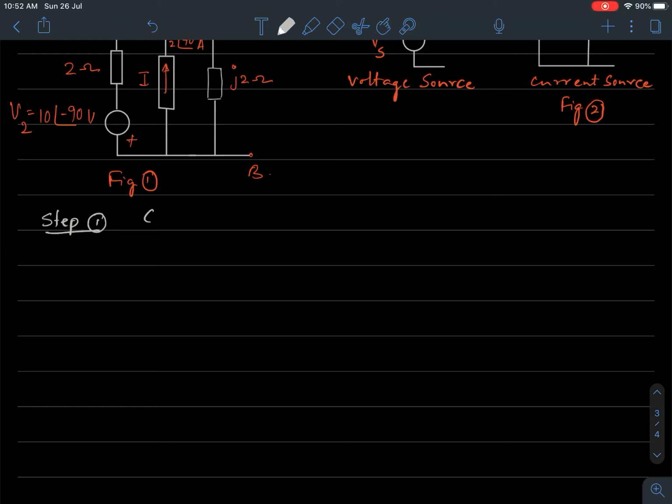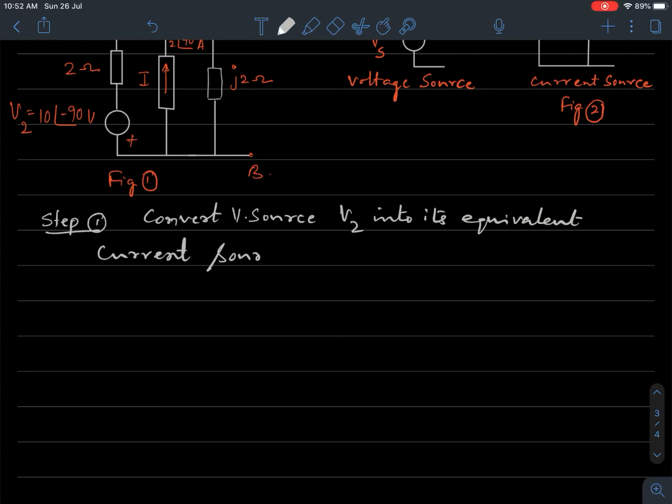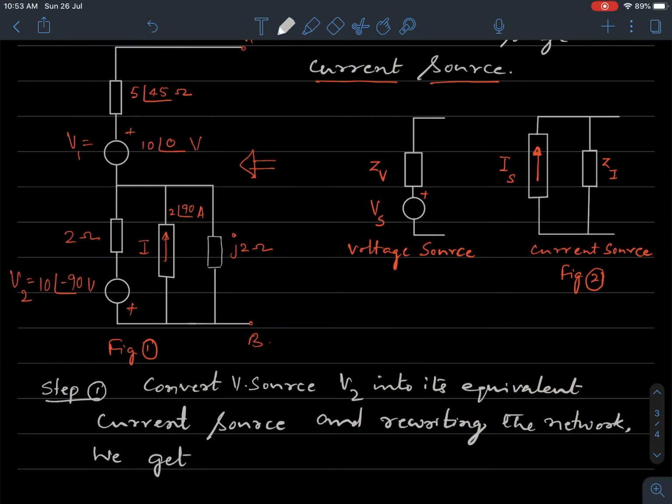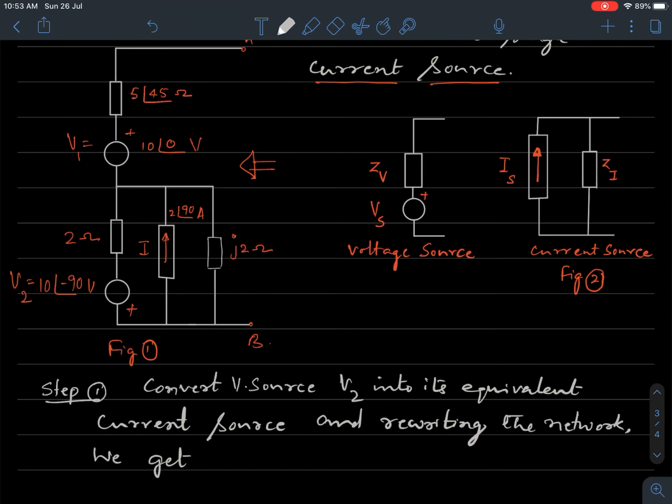At step 1, we will convert the voltage source V2 into its equivalent current source and, rewriting the network, we get the following figure. So we have to write V1 as it is.